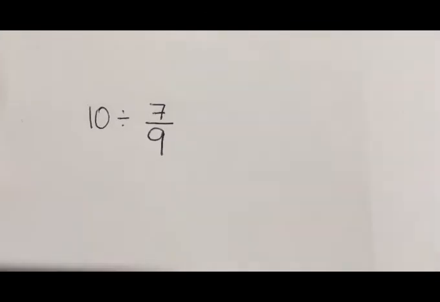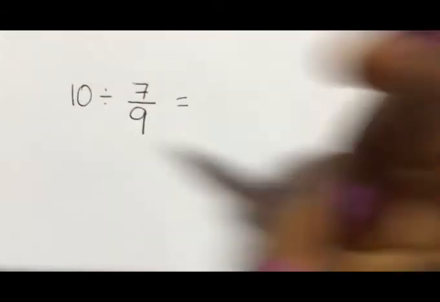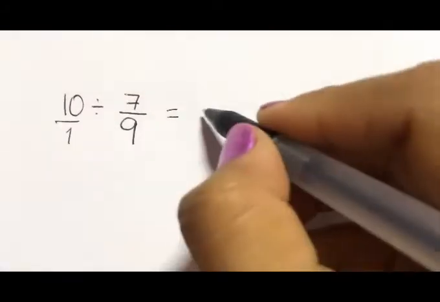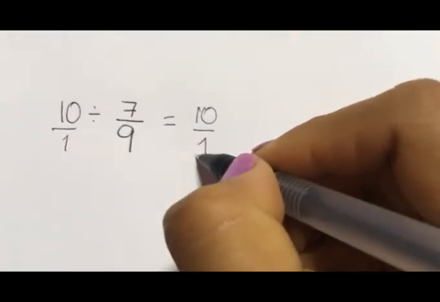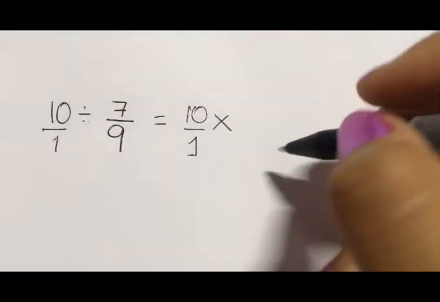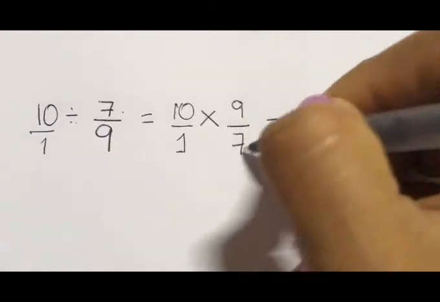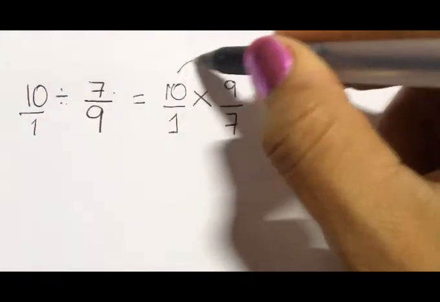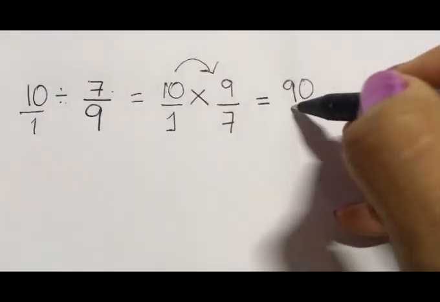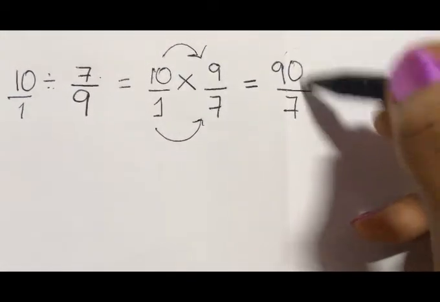Okay, let's try to do the next problem. We need to remember first: if you have a whole number, rename it as a fraction. Copy the first fraction, and this you need to multiply. Okay, let's change to the reciprocal. Now I have it, and let's multiply. 10 times 9 is 90. 1 times 7 is 7, and that's an improper fraction.